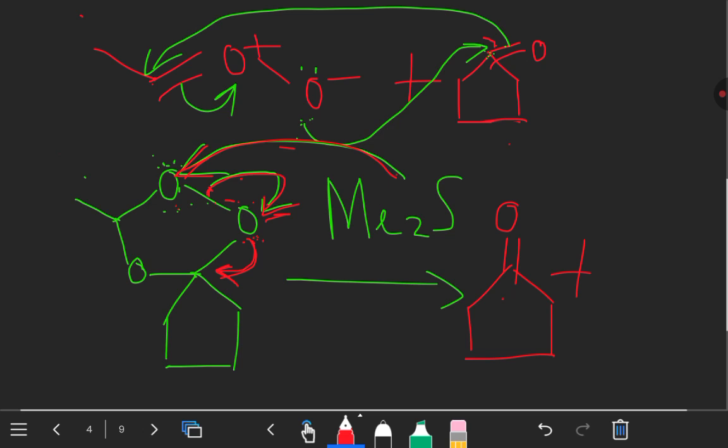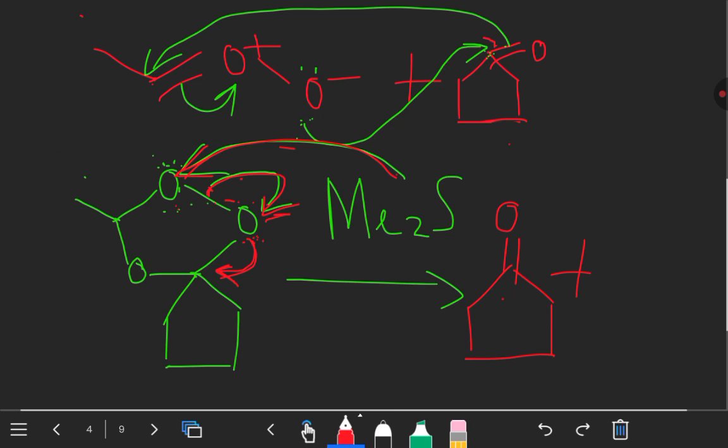Then the other thing we're going to produce is that since this cyclopentane has formed a double bond, it is a cyclopentanone. So this structure is a cyclopentanone because it is a cyclopentane with a carbonyl group attached.